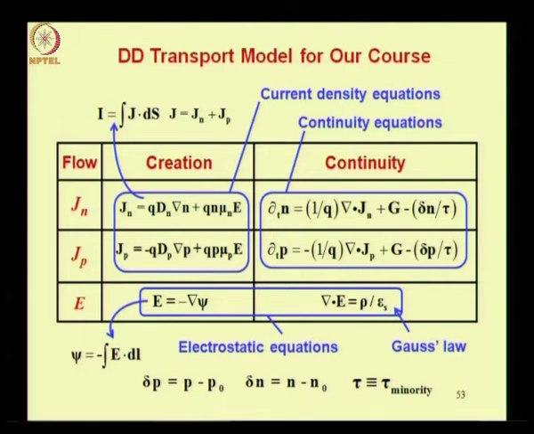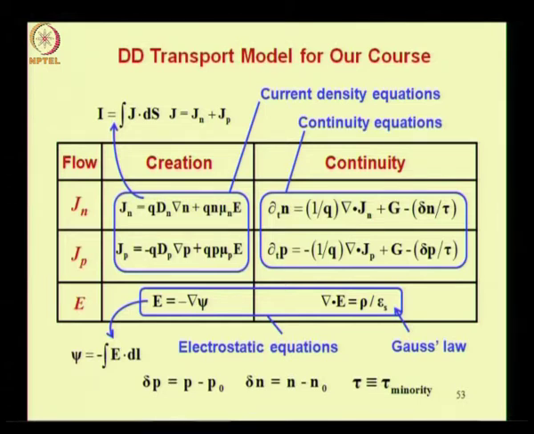We can reduce these 6 equations to 3 coupled equations by removing the equations for current density and the equation E equal to minus grad psi. So the equations of this creation column into the continuity column, and these 3 equations are the equations for N, P and psi.